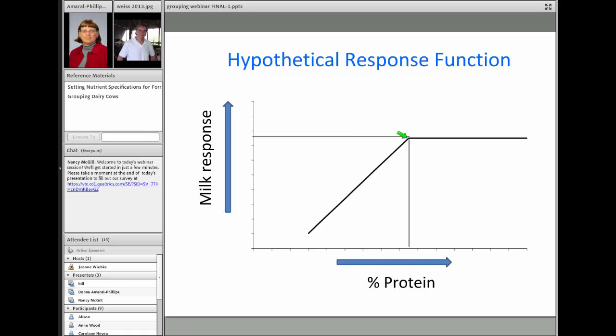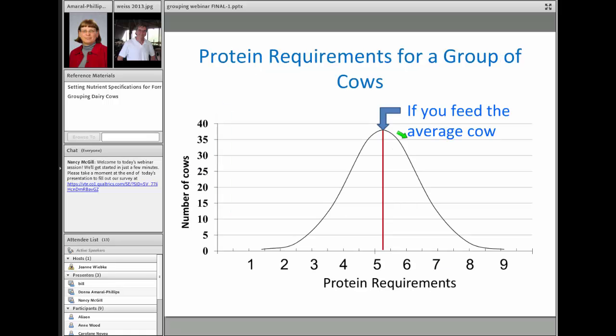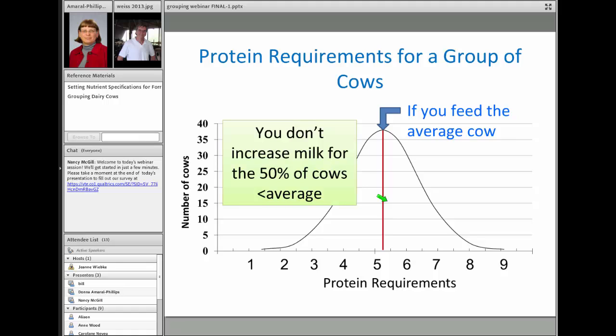And when you formulate to a mean, and I'm using protein as an example, you can put whatever you want on the x-axis. If I feed this average cow, it means for half the cows, this half here with a low protein requirement, I'm not going to get an ounce more milk because I'm feeding those cows more protein.